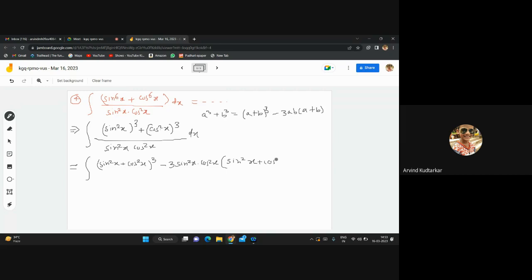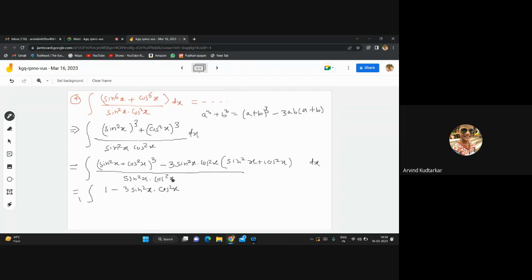This is the expansion of a cube plus b cube, or it is written in another form as a plus b into (a square minus ab plus b square). You can write this expansion also. That is equal. So you know already sin square plus cos square is 1 and 1 cube will be 1. Okay, so integration of 1 minus, what will remain, tell me? 3 into sin square x into cos square x.